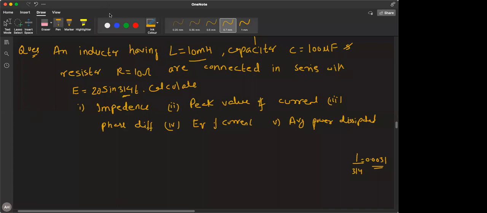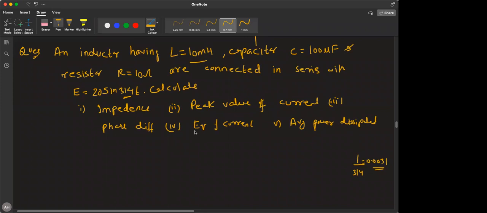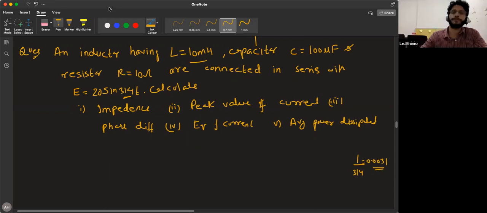Sir, how will we know which case should we use for impedance? Because that you will decide now. You will calculate XL and you will calculate XC. If XL is greater than XC, then you can decide the case. Right? Okay, sir. So how do we calculate XC and XL?